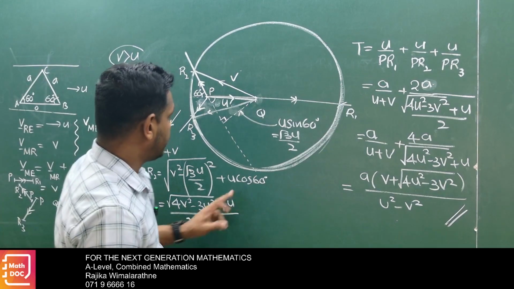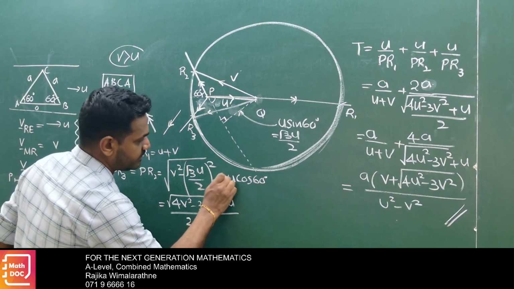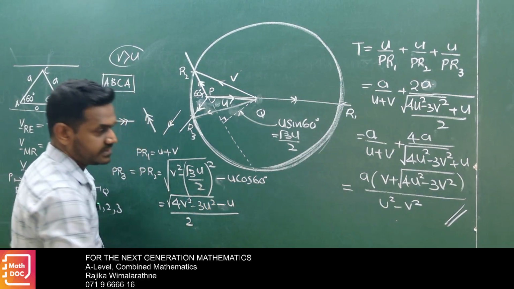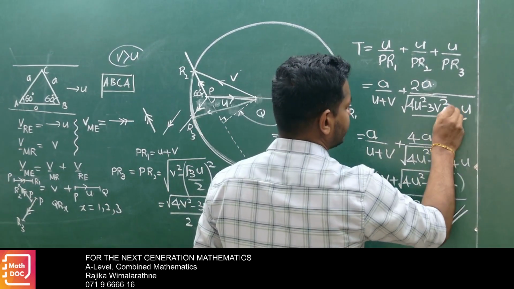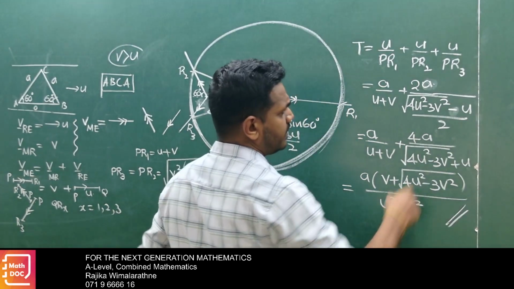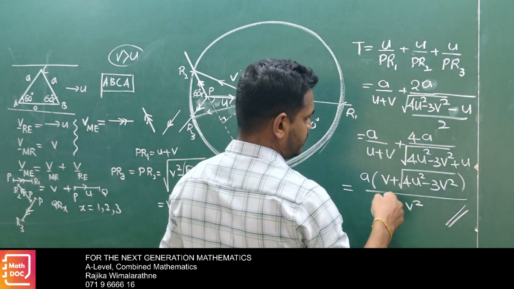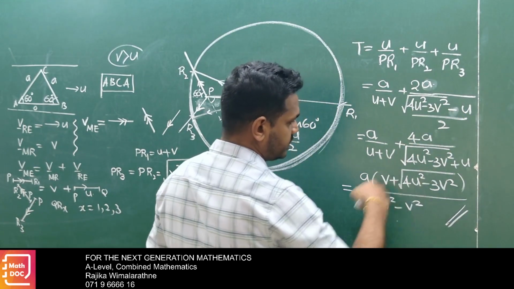Here U cos 60 minus, then here minus, then plus U, V minus U, the answer won't change.